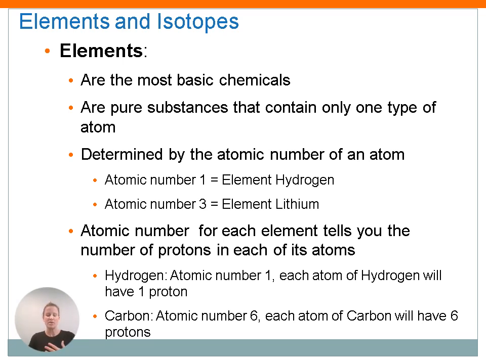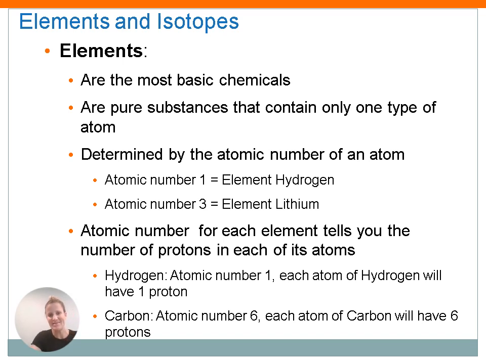We have what's called the periodic table of the elements. I'm sure you've seen the periodic table before in school. The periodic table lists all of the known elements for us. Those are just pure substances. They cannot be broken down into simpler substances. They're in their most basic form already. For example, hydrogen is an element. Lithium is an element.